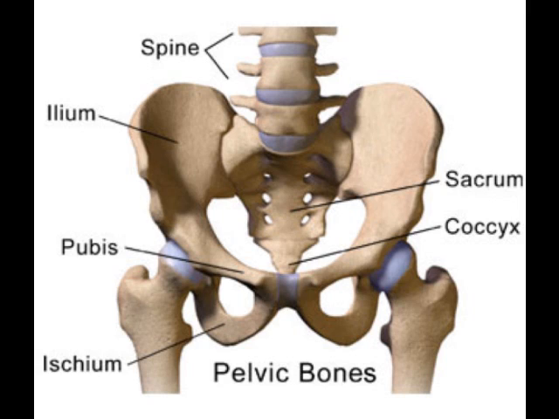It's kind of felt a little bit when you sit in that part. It's like your front part where you sit, as opposed to the back part where you sit, called the ischial tuberosity or sitting bone.